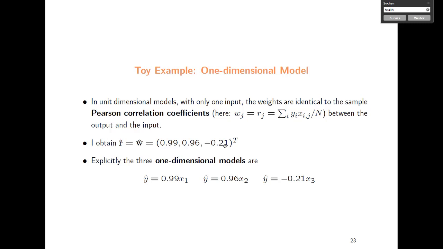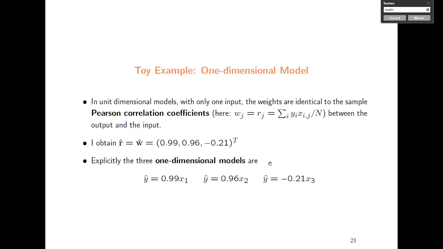So we have 3 models now because they're all independently modeled. The first one said the output should be the same as x1, which is correct. The second one says the output should be the same as x2, which is a good predictor, but of course it's not causal because x1 was the cause. And from the third input, because of random disturbances and random effects, I get also a non-zero number.